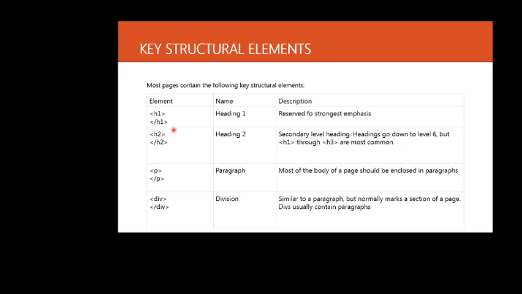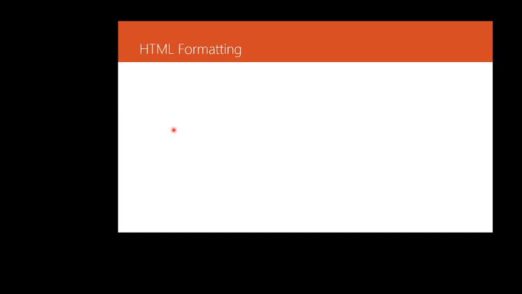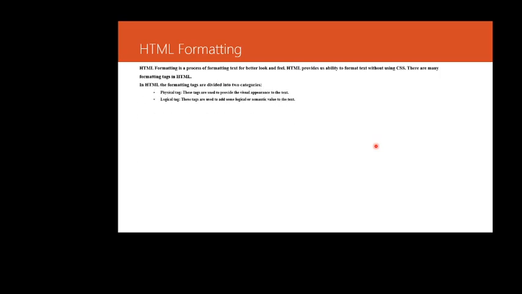Now talking about some of the very interesting tags we have in HTML, these are formatting tags. HTML gives you a way of formatting text for a better look and feel. Although these tags are limited and provide very basic formatting, we can use them in our page.